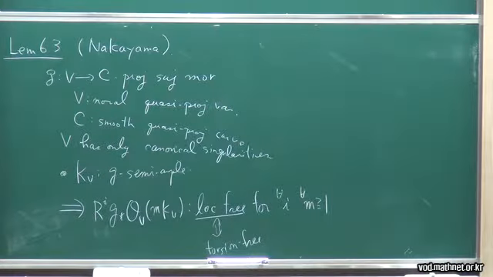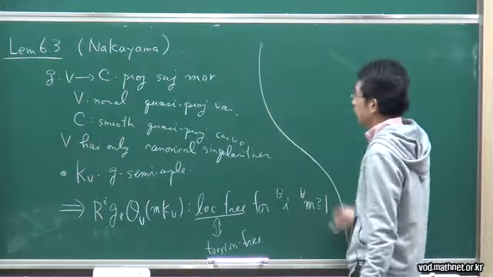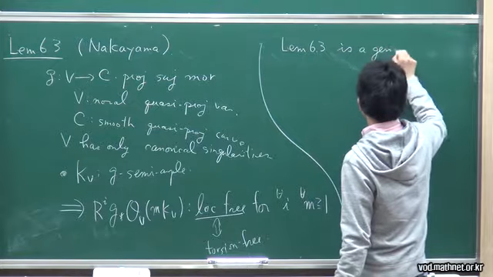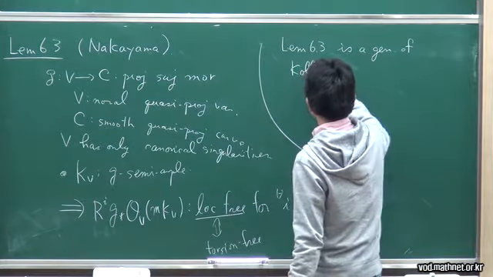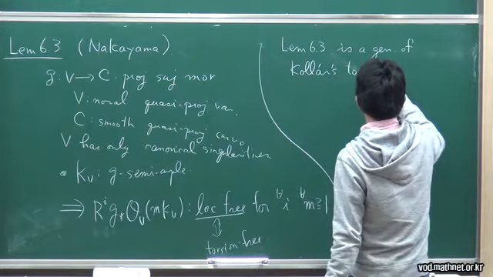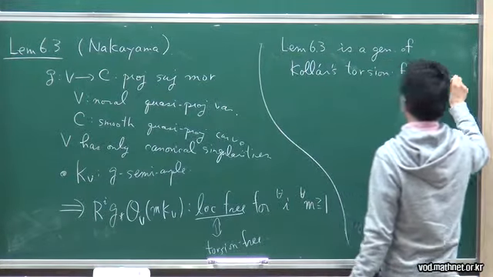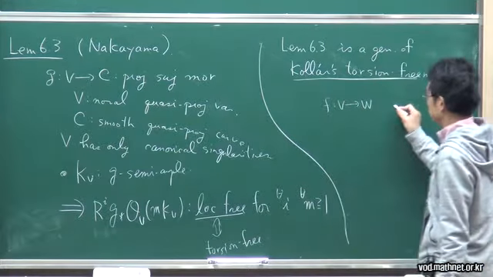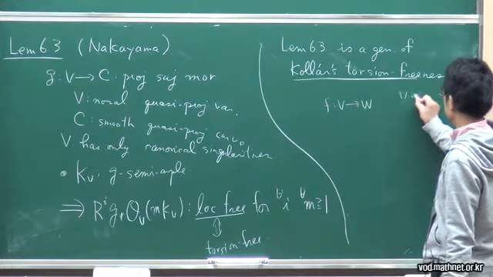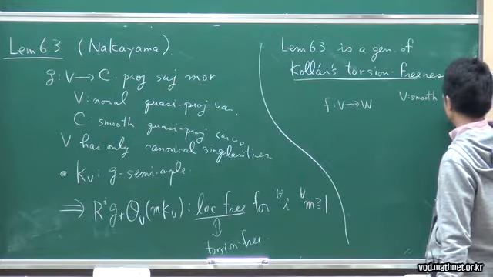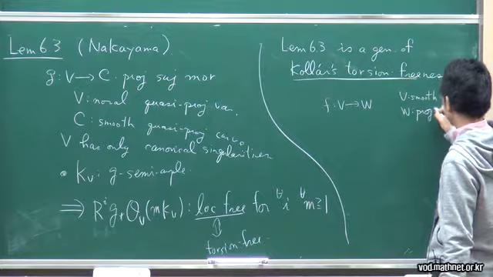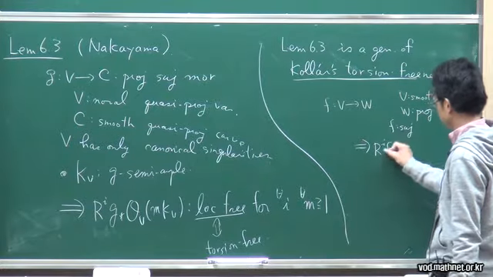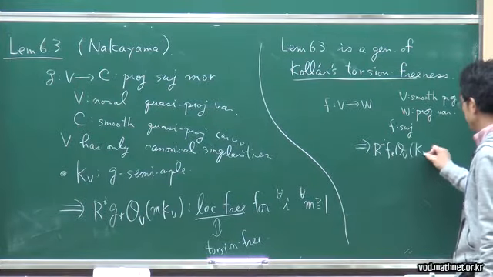So this Lemma 6.3 is a generalization of Kollár's torsion-freeness theorem. The corollary on torsion freeness says: for f from V to W, V is smooth projective, W is a projective variety, and f is surjective, then R^i f_* ω_V is torsion free.